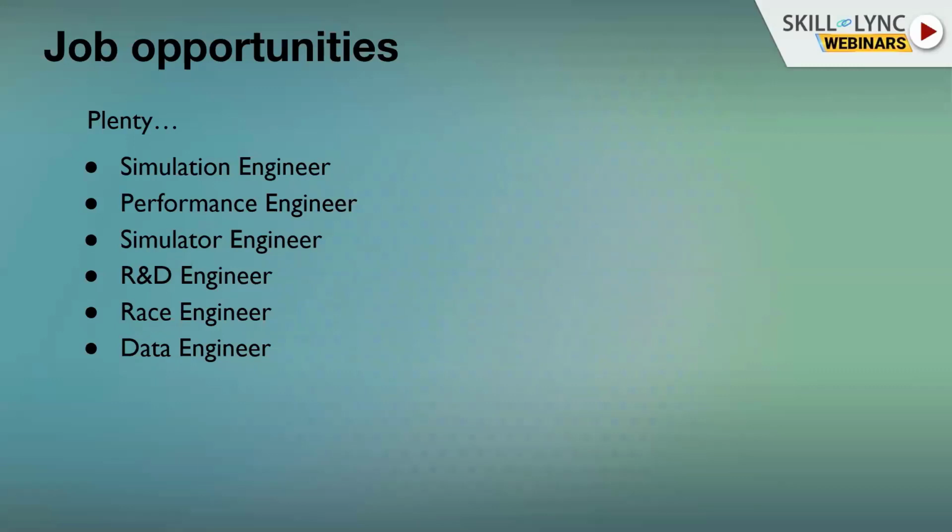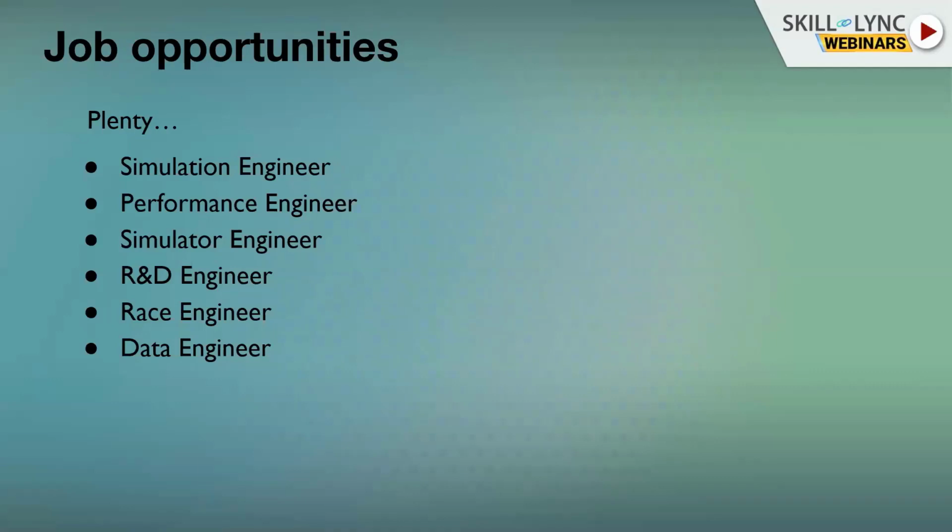Then you have the performance engineer. Performance engineer is a bit different to the simulation, because the performance engineer is on the racetrack and is, I would say, the right arm of the simulation engineer, because the simulation engineer does the work of modeling, of simulation, and preparing the race weekend. And the performance engineer is live at the racetrack, and he's the first one to see where the model is lacking, or where are the errors of the simulation.